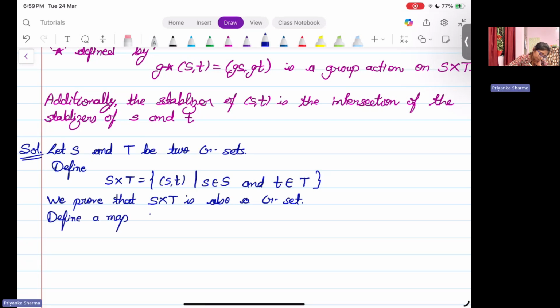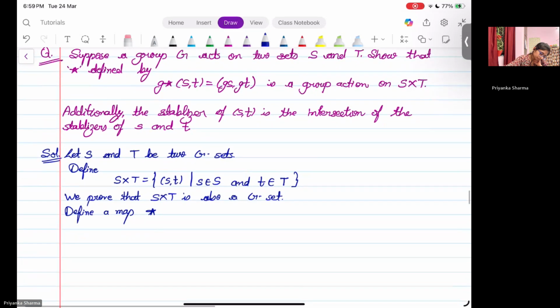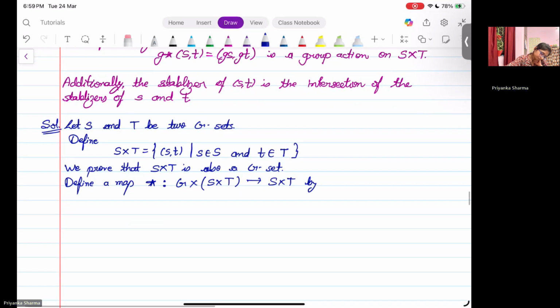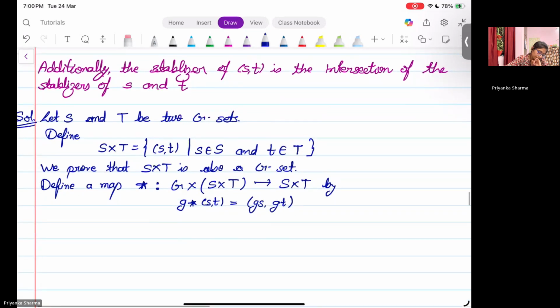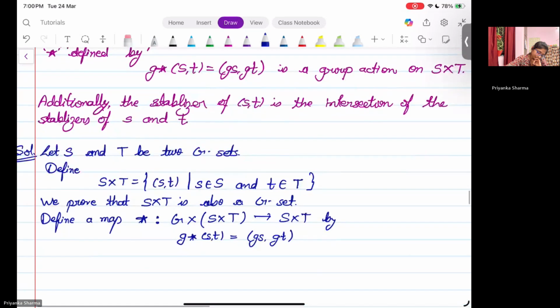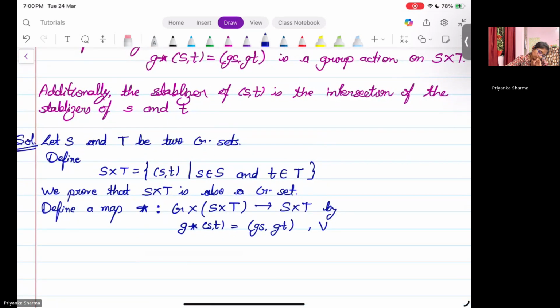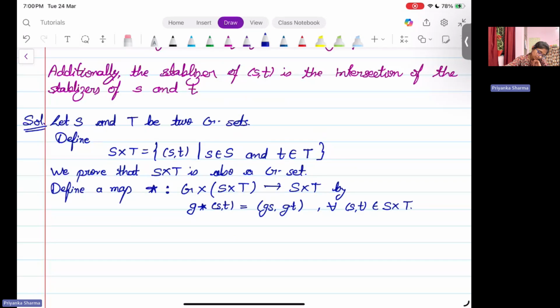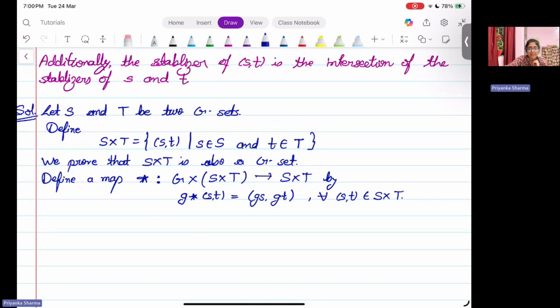Define a map star from G cross S cross T to S cross T by g star (s, t) is (gs, gt), for (s, t) belonging to S cross T. Here, how do we define gs and gt?